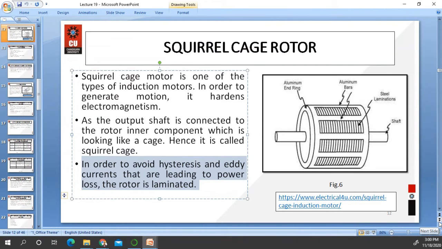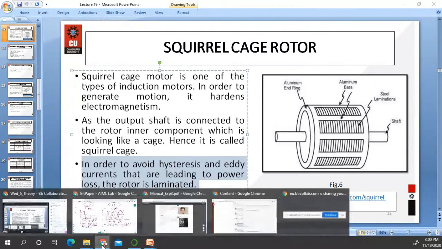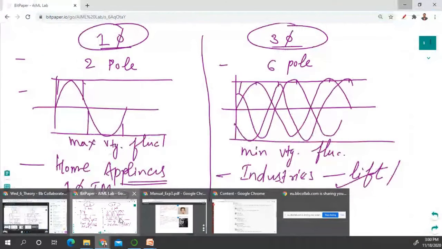Pankaj is asking: rotor plates are inside the cage, so how to define these rotor plates? We can see right from here. Let's suppose that this is our rotor part.